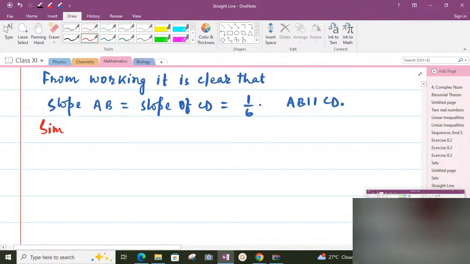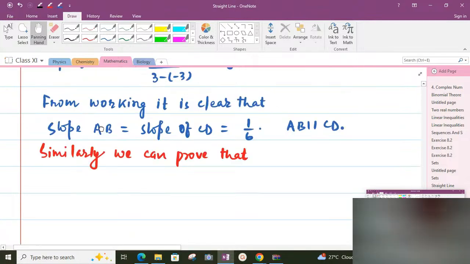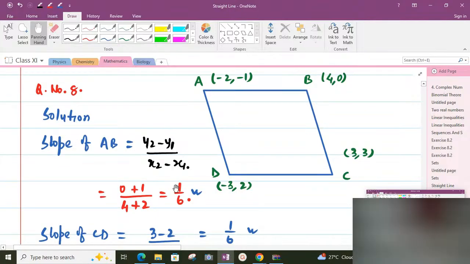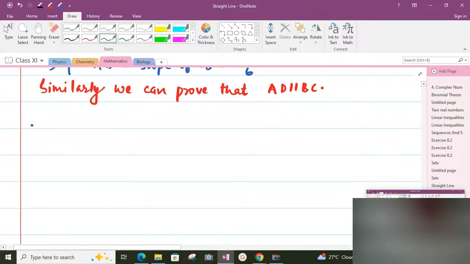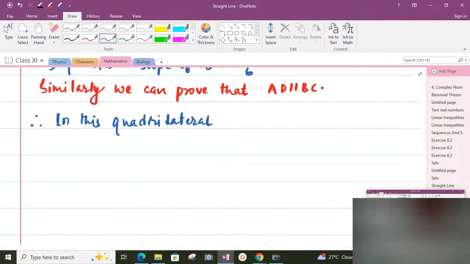Similarly, we can prove that AD is parallel to BC. So in this quadrilateral, opposite sides are parallel to each other.